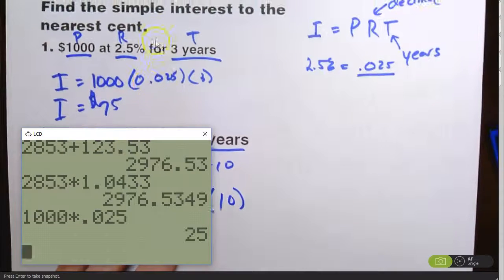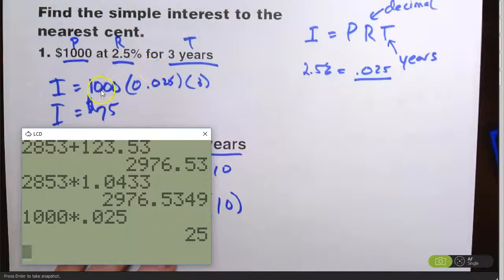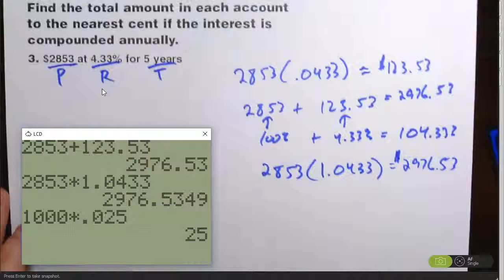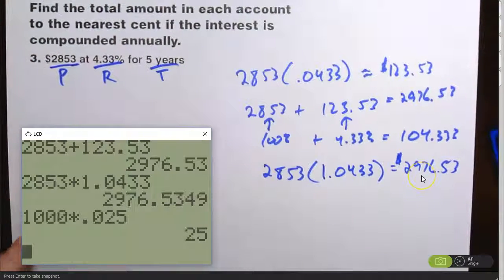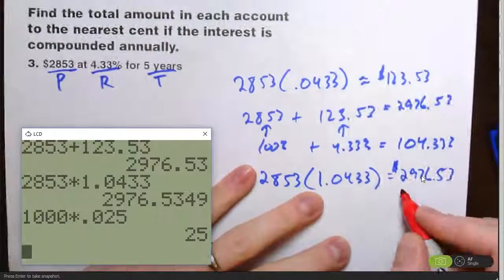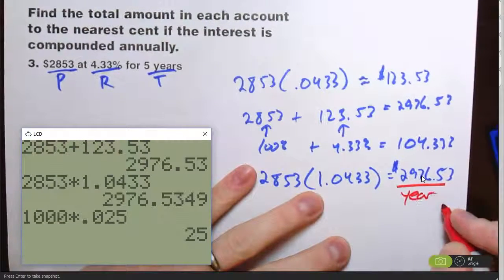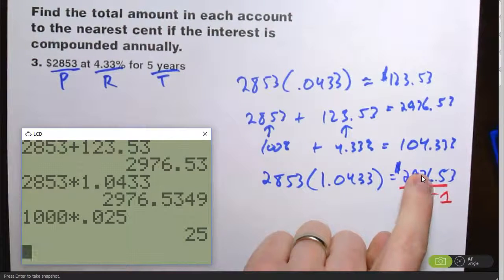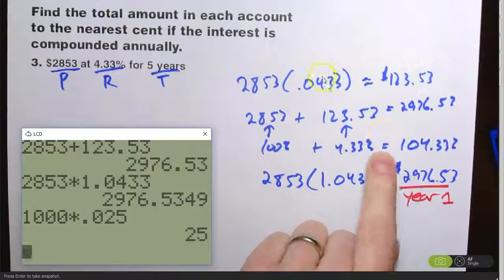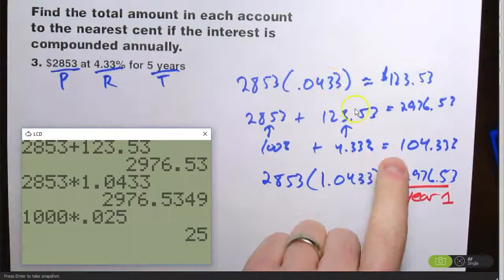Here's the thing. With simple interest, you just find the interest on the original amount. With compound interest, you have to find the next year's interest, because this is just year 1. To find the next year's interest, you take this amount for year 2 and find 4.33% of it and add it back on.